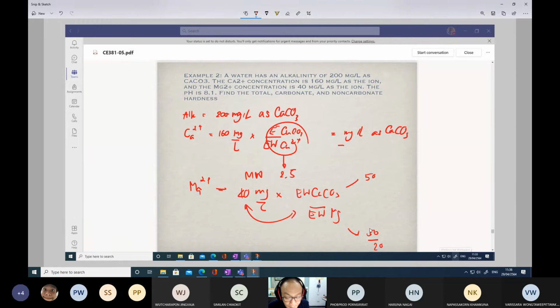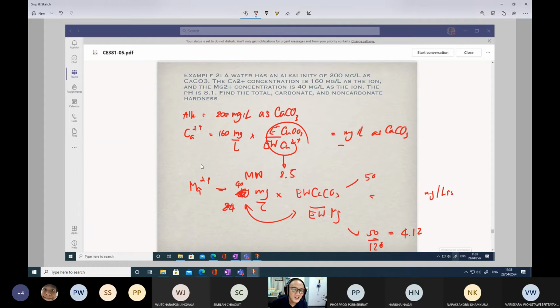So divide like this, you will get, sorry, magnesium is not 40. Magnesium is 24. So this one must be 12. That is why you get 4.12. No, 40 is correct because this is the concentration, but the equivalent weight is 12. Okay, so just multiply by this one, so you will get the result in terms of milligrams per liter as calcium carbonate.